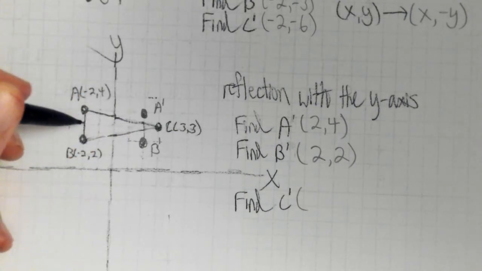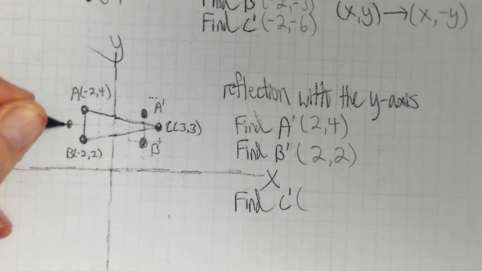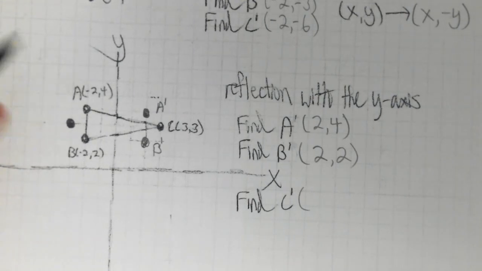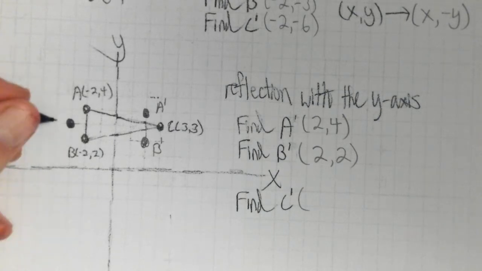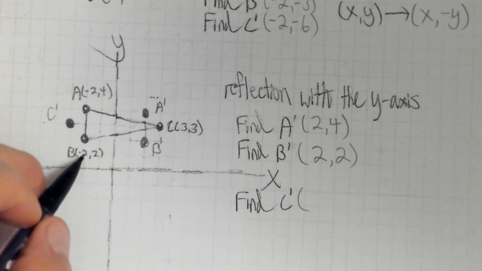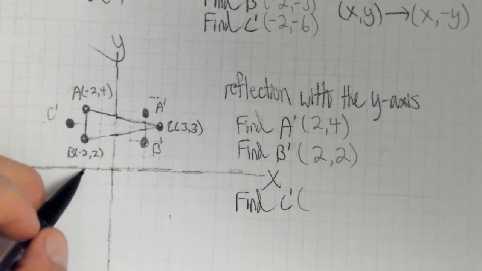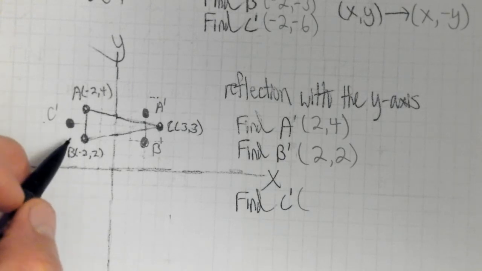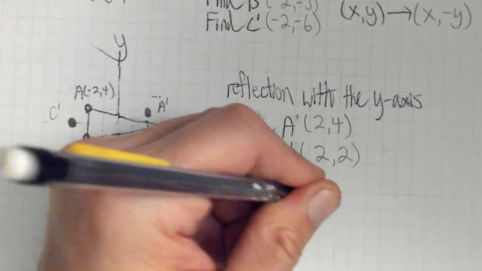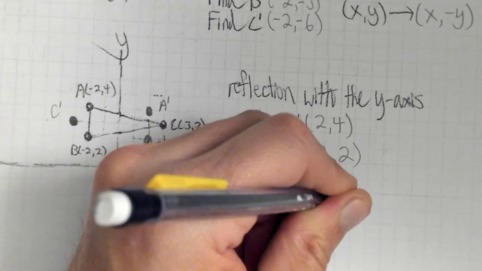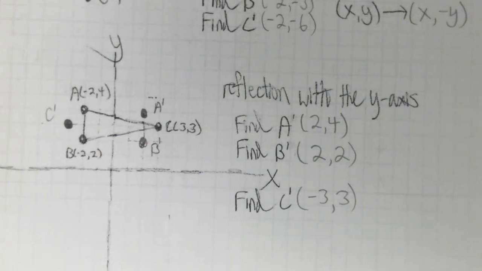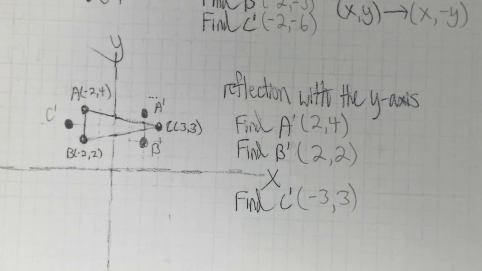I'm going to go 1, 2, and 3. And that point is C prime, and where is it? Not negative 2, 1. 1, 2, 3. So it's negative 3, positive 3. And so those are the coordinates.